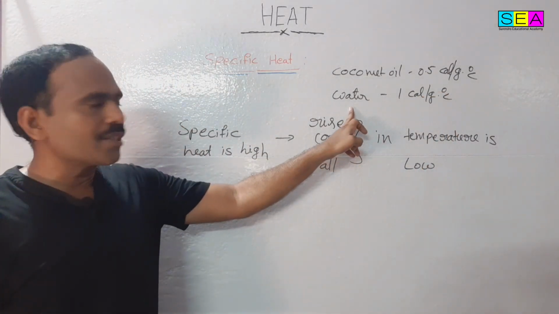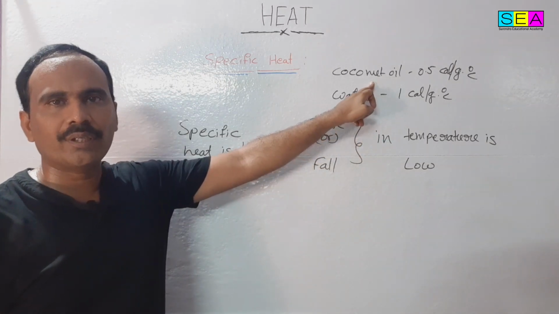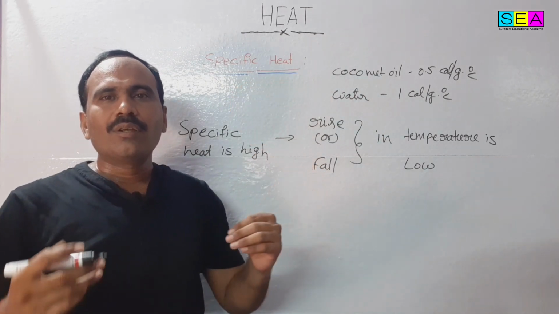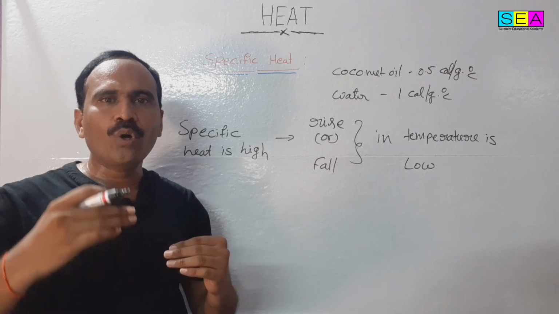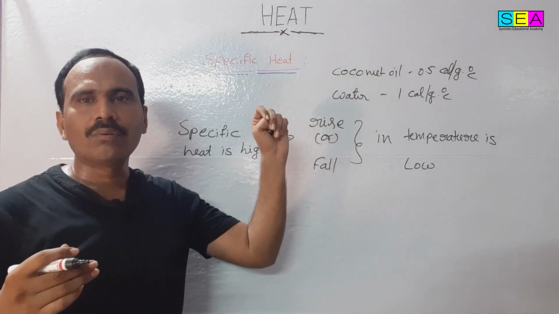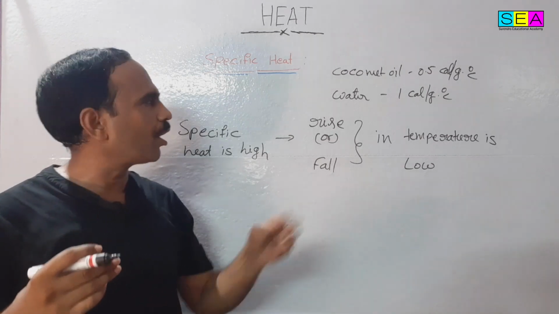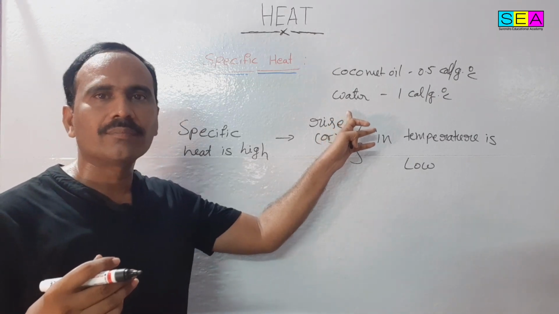Water specific heat is higher than the oil specific heat. So in the previous activity, water temperature is rising slower than the coconut oil. Coconut oil temperature is rising faster than the water, because of high specific heat of water.